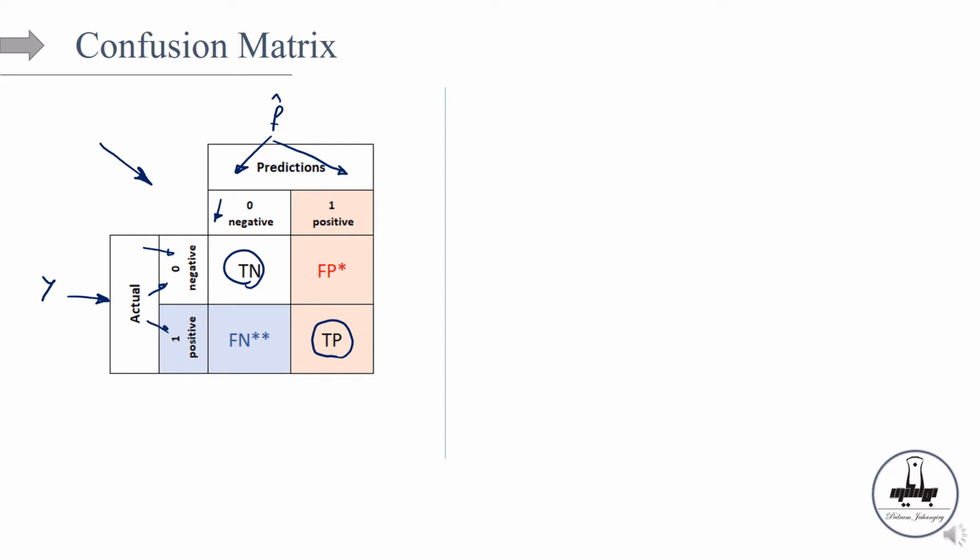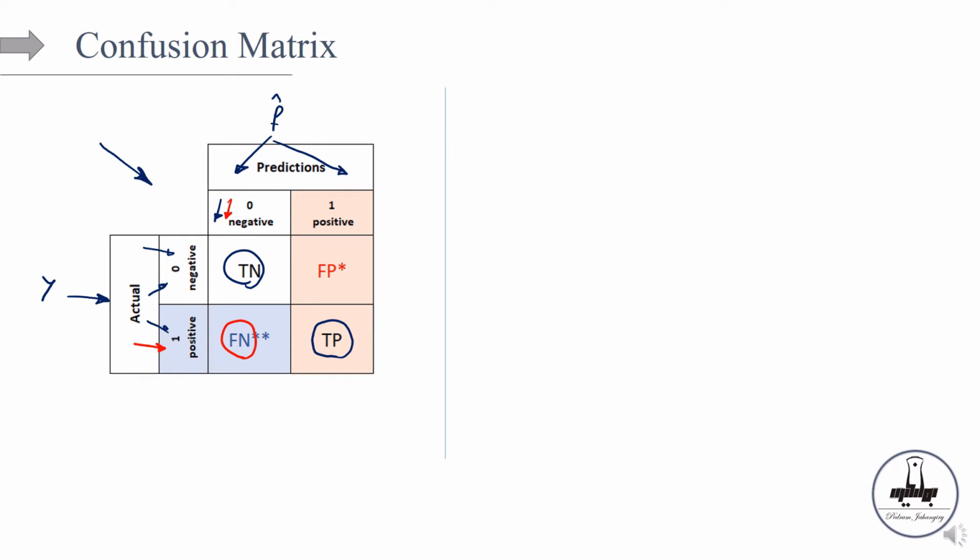On the other hand, we have some errors, right? What are the misclassifications? Let's label them. So I'm going to use red. If in reality the actual value is 1, but the model is falsely predicting it to be 0, this is our false negative, right? This is a bad number.